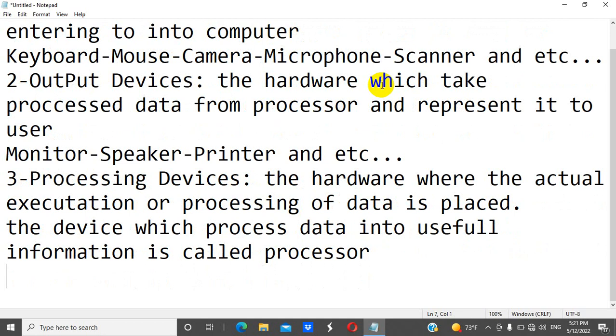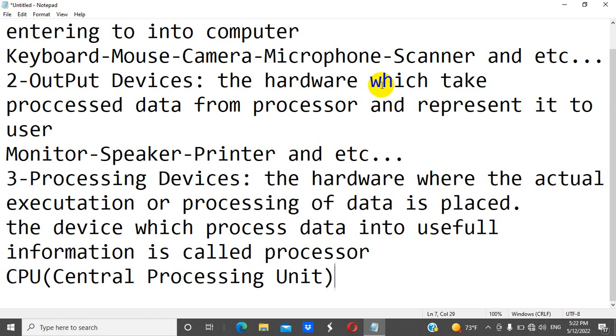There is a device in the computer by the name of CPU. CPU is the short form of Central Processing Unit. CPU, or Central Processing Unit, is the brain of the computer system, where the actual execution of data is performed.